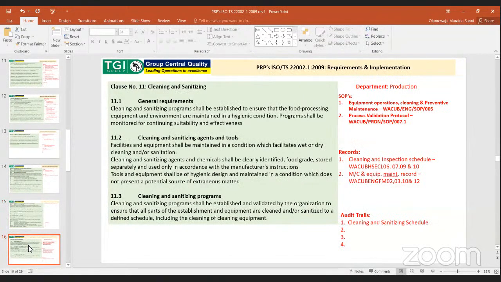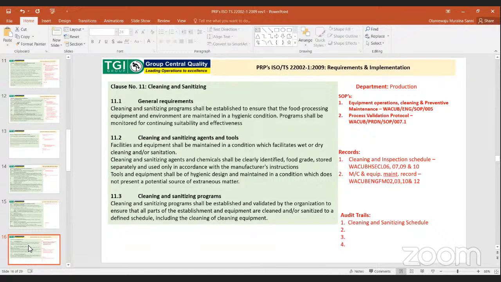So for cleaning and sanitation, the standard is saying a cleaning and sanitation program shall be established to ensure that the food processing equipment and environment are maintained in a hygienic condition. The program shall be monitored for continued stability and effectiveness. What we are saying is after cleaning, we need to also sanitize our material.